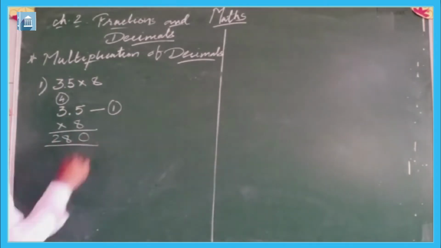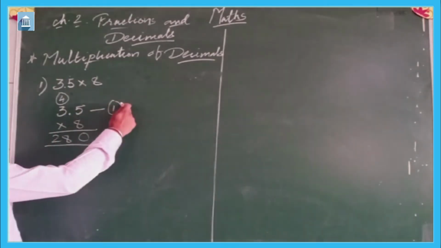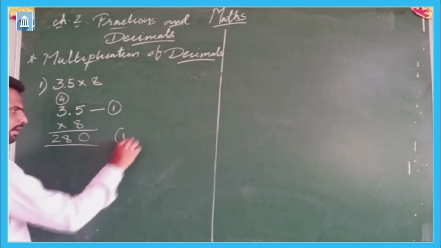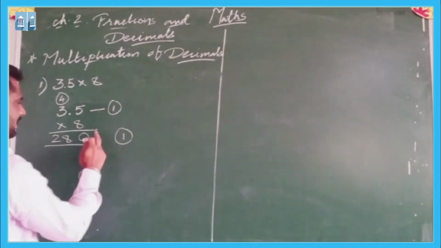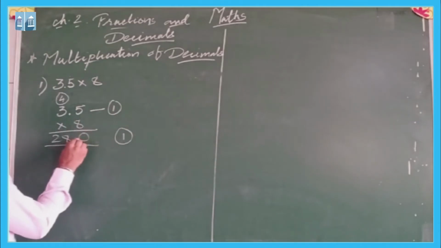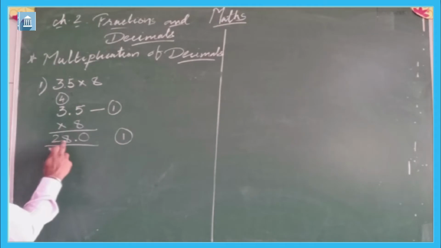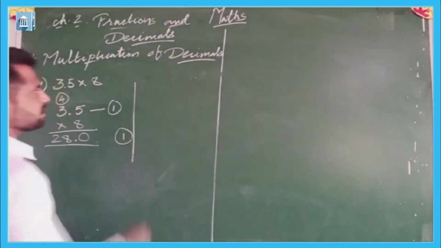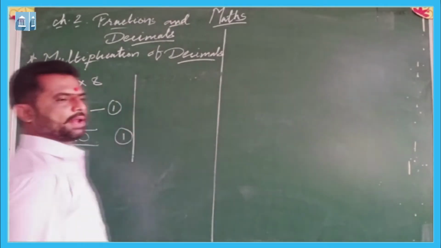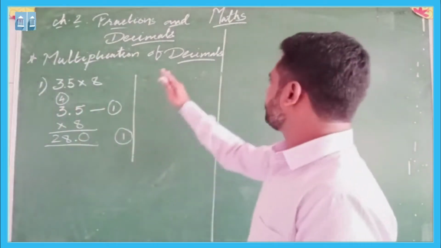So we are writing 28 here. Now this one we need to bring down, and now we have to start from here, that is our right hand side. Leave just one digit and then give a point. So the answer is 28.0.